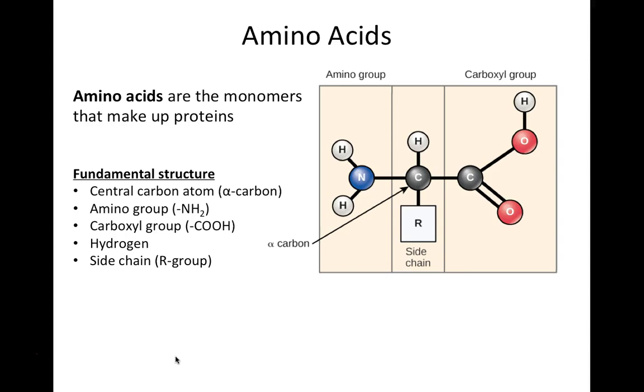That central carbon will have one amino functional group attached. So the central carbon has a side group attached. We'll see examples of what the side group really means, and a hydrogen. So an amino group, a hydrogen atom, a carboxyl group, and a side chain. That is the basic template for every amino acid.